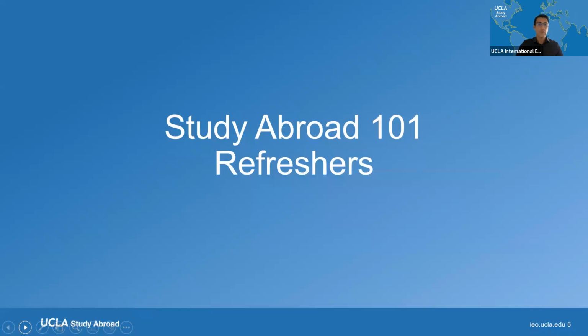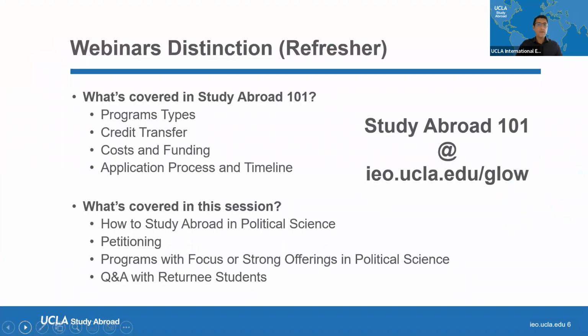Okay, study abroad 101 refresher. On Monday, we actually had a webinar. It's recorded on the UCLA IEO website. So if you missed it, please go back and take a look at it because it is very informative. It covers all the details about program types, credit transfer, the cost and funding of programs, the application process, timelines, and deadlines. So very important.